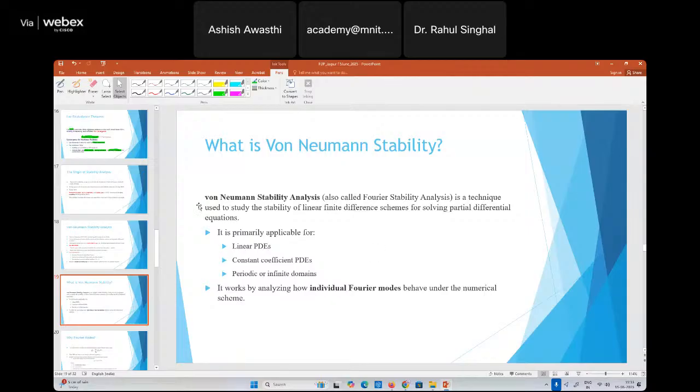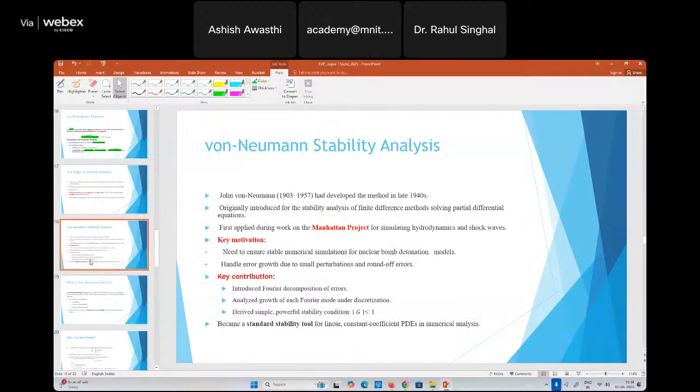You know this person, von Neumann. I don't exactly remember his date of birth. He was a Hungarian mathematician, but he worked mostly in the US. He gave this idea of stability.